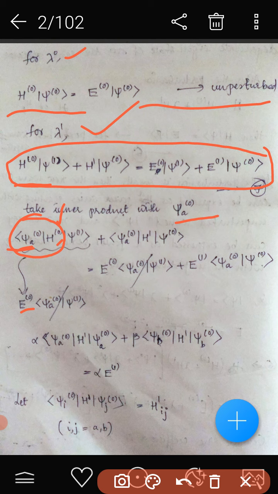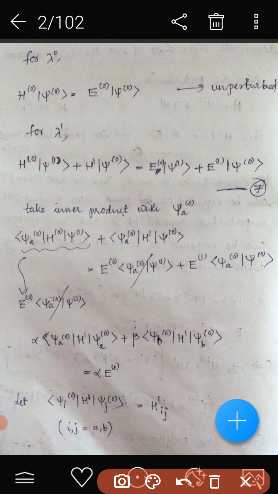I took this eigenvalue outside of the bracket, and this term and this term cancel.